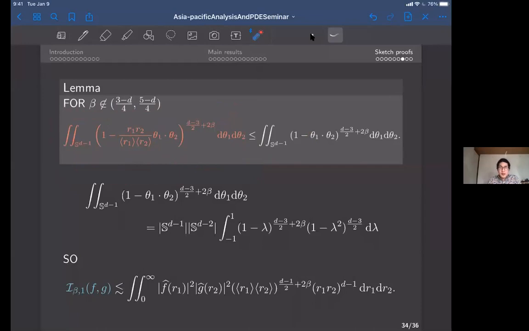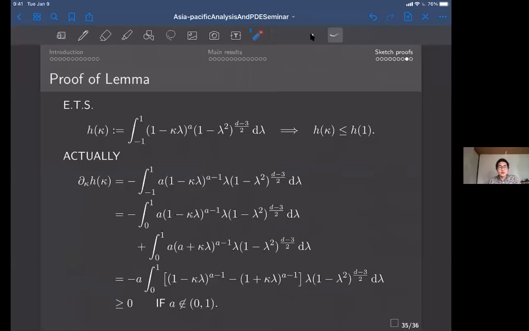For beta in the gap, it's reversed: the whole thing is monotonic decreasing, so this thing is less than or equal to the one where you put 0. That's not what we wanted, and this is where we failed to deal with this beta. I put the proof of the monotonicity in the slides, but it's easy, and you can see it later.